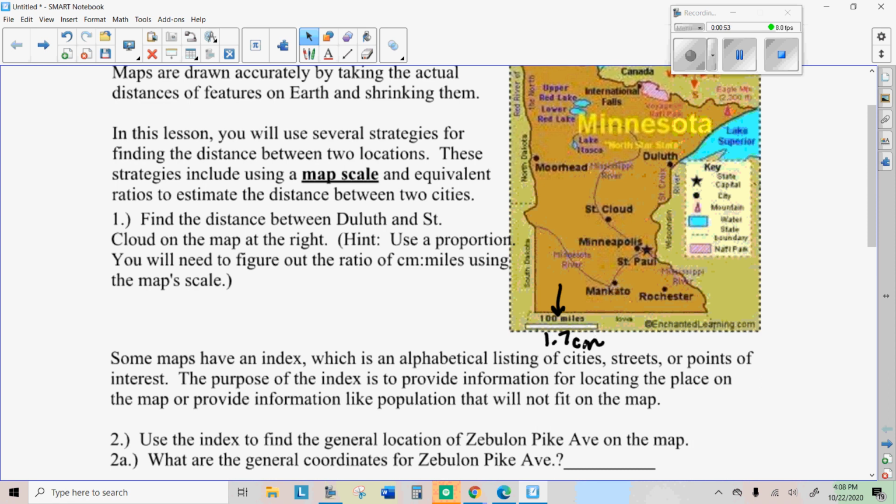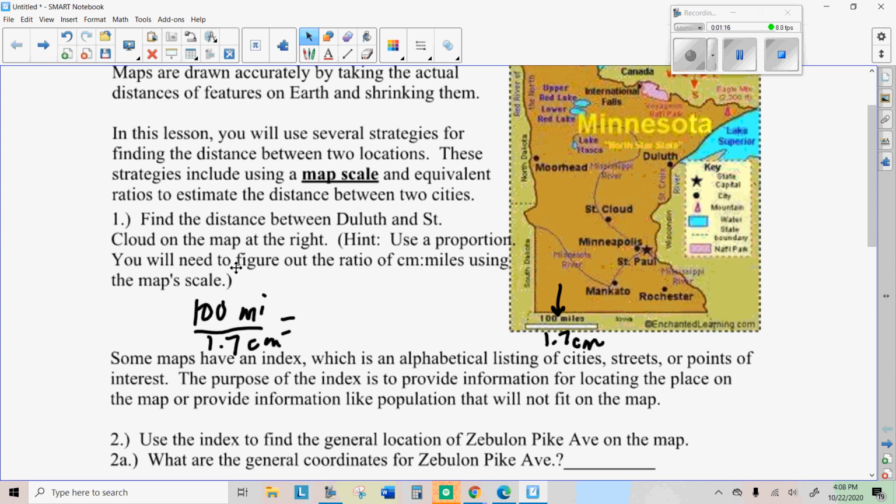So I'm going to use this ratio, and the fact that these measurements are going to be proportional. When you do this, you have to make sure you have the units straight. So for every 1.7 centimeters, that measures 100 miles.